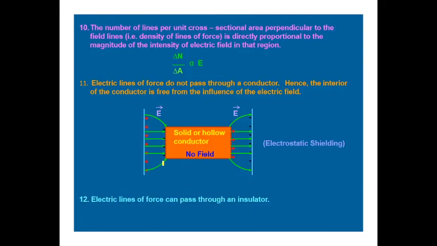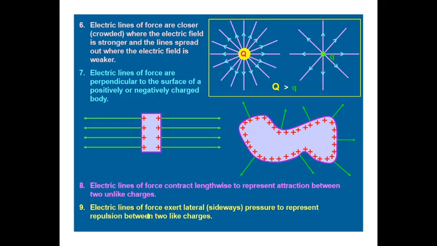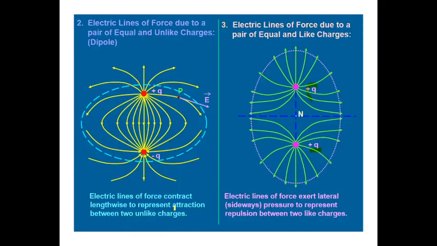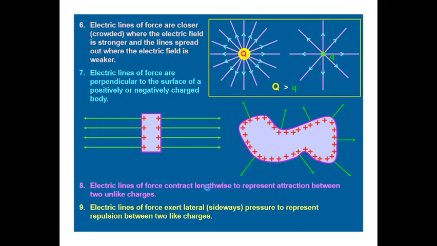Electric lines of force exert lateral sideways pressure to represent the repulsion between two like charges, in this way. The lines go away, which means two positive charges are repelled from each other, so it is represented in this way. This is the meaning of this term.